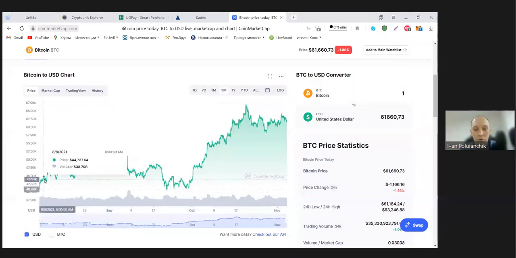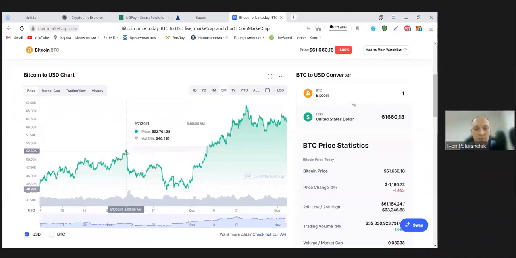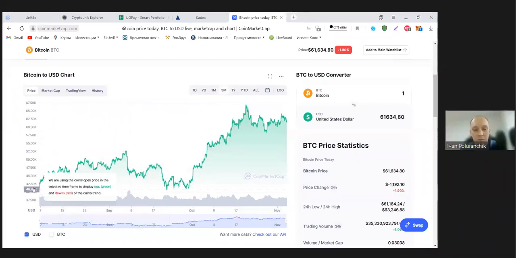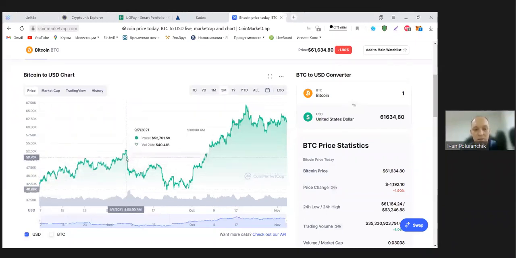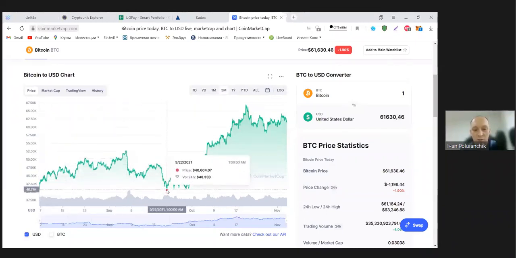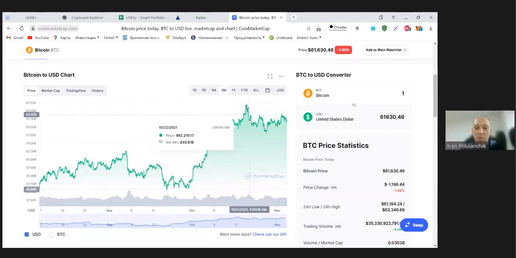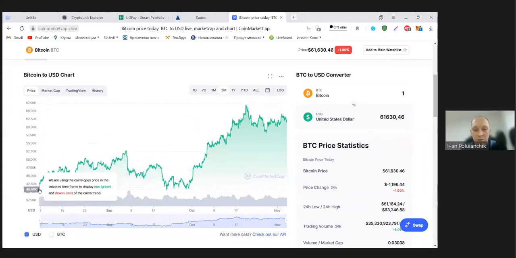Even over a 3-year time horizon, Bitcoin grew from 45 to 52. Sorry, over 3 months, not 3 years. From 42, it grew to 52, then dropped down to 48,000, and again rose to 62.